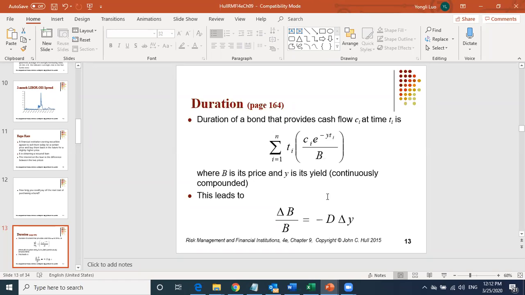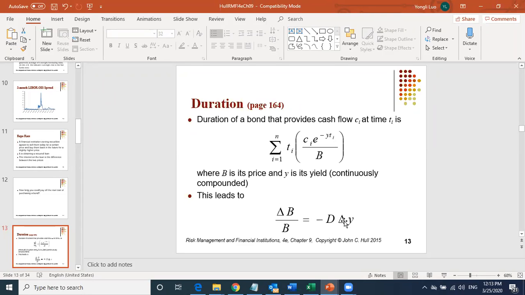So the percentage change in bond price is negative duration times the percentage change in yield. When the yield increases, the bond price goes down. We can say the yield and the bond price have a negative relation.